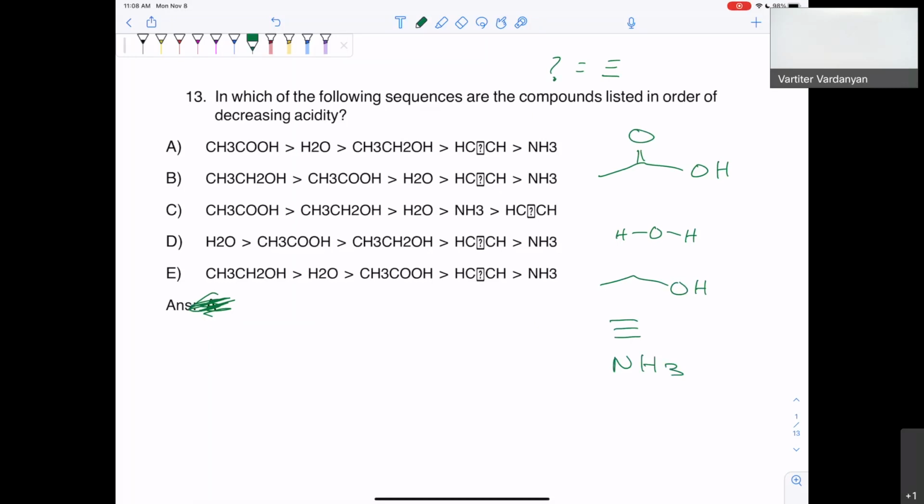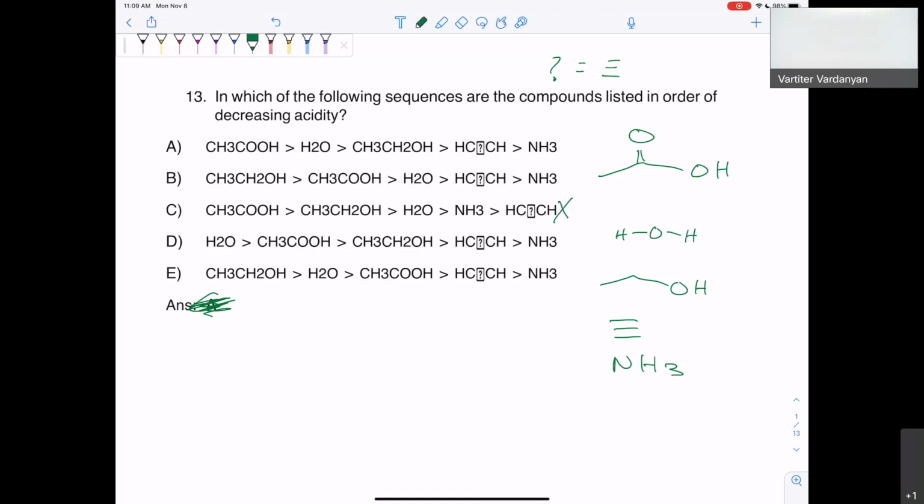Now, which one of these guys can we say is absolutely the least acidic, based off of what we've learned in chapter 17 and then way back in chapters 11 and 12? NH3, because nitrogen is a lot less electronegative than oxygen. So it's going to be better at keeping its hydrogens to itself. So we can go ahead and cross out answer choice C, because it doesn't have NH3 as the last one.